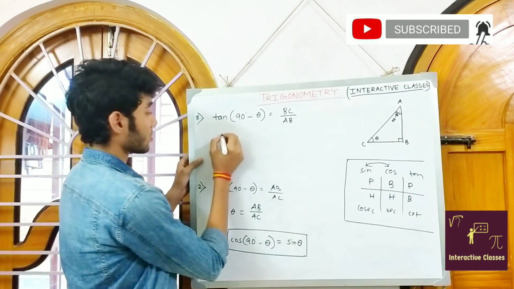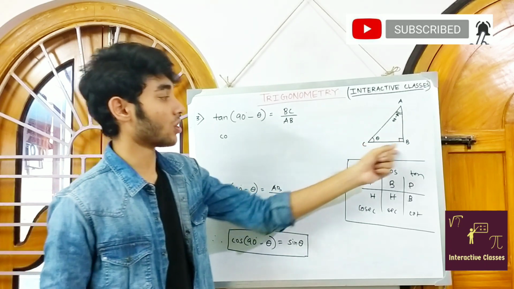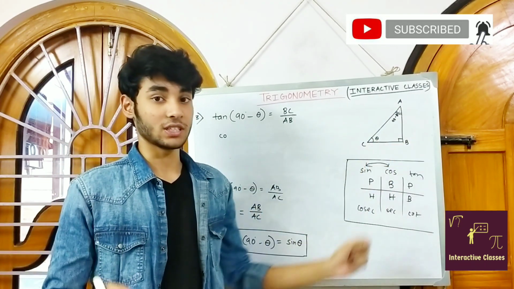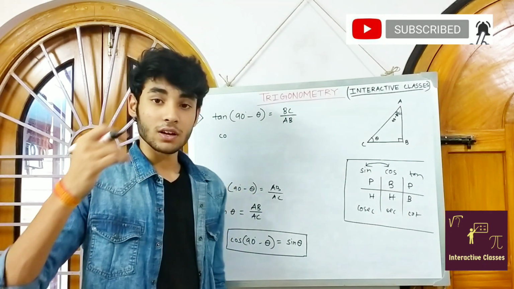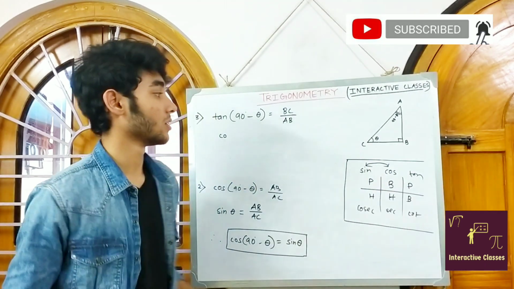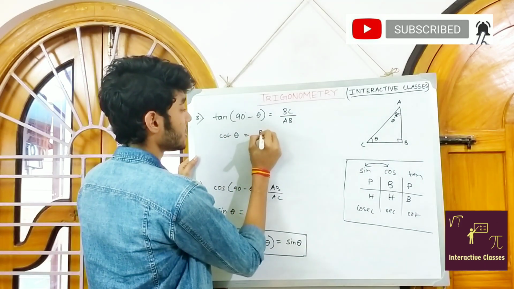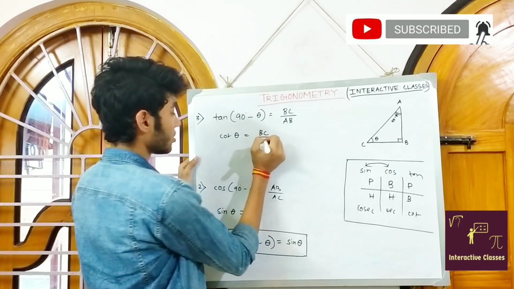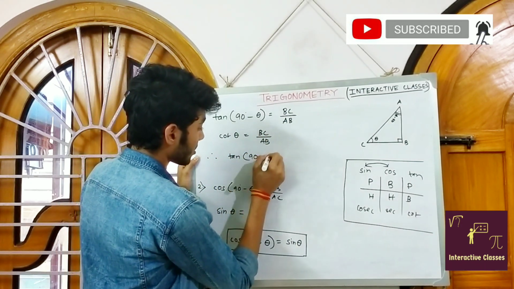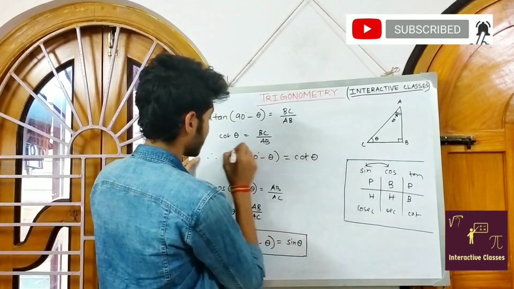Also we know that from this aspect, BC by AB is cot theta. Since tan theta is perpendicular by base, cot theta will be base by perpendicular. So cot theta here is BC by AB. Therefore we can say tan 90 minus theta equals cot theta.